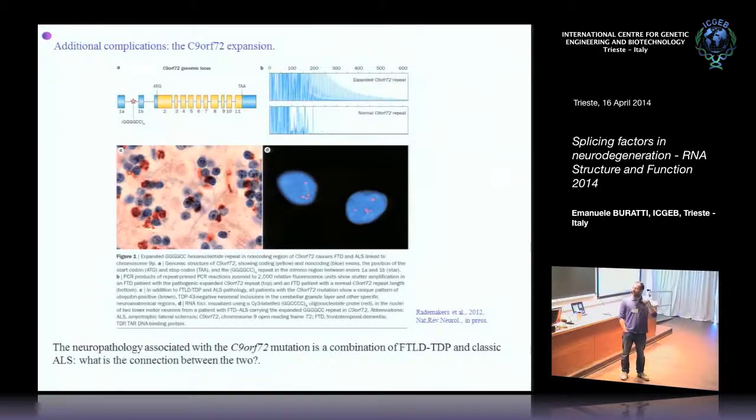Normal people have 10 or 15 of these repeats, but after you start having 60 repeats, you start to have a problem in the production of this C9orf72 protein, which nobody knows what it is doing, and you also start to have the appearance of foci inside cells.